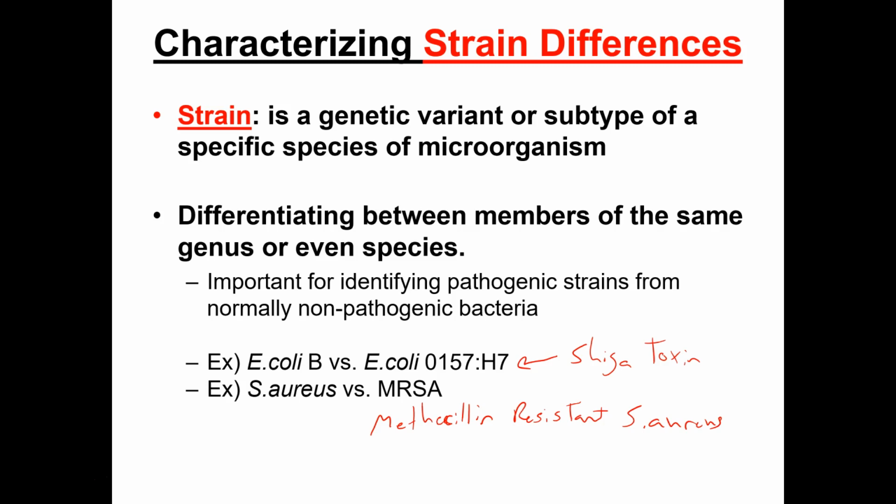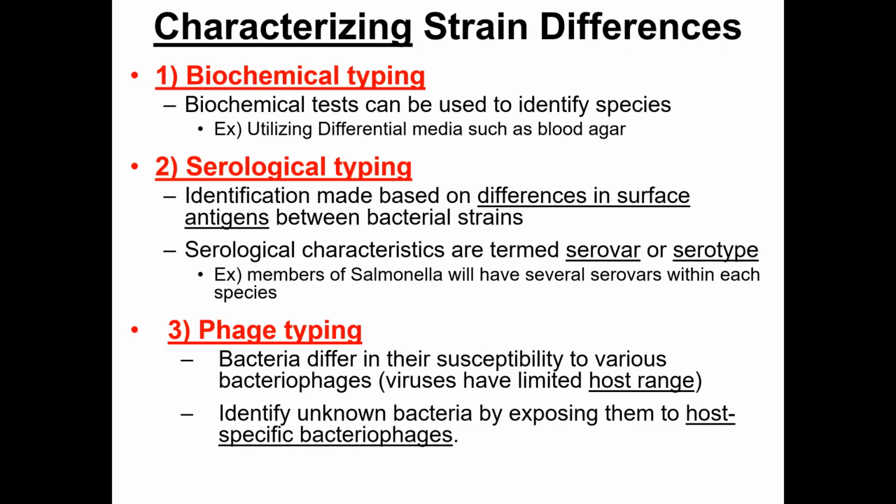So, how do you do that? Well, there's a lot of redundancy here. You can utilize a lot of the techniques we've already talked about. So, biochemical typing. So, before I go further here, when choosing which method you want to use to identify your strain, keep in mind these are very situational.